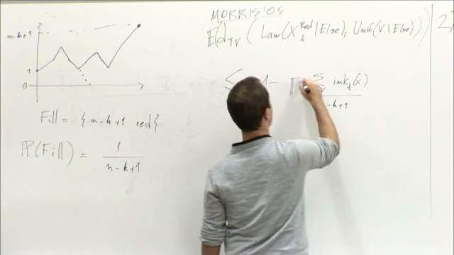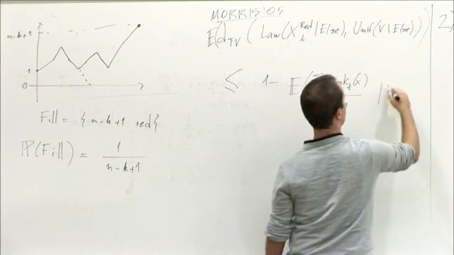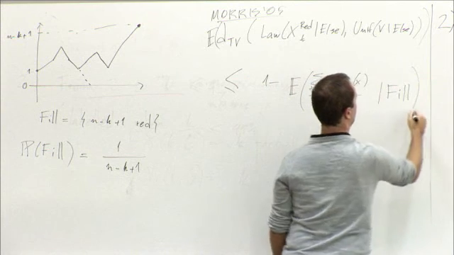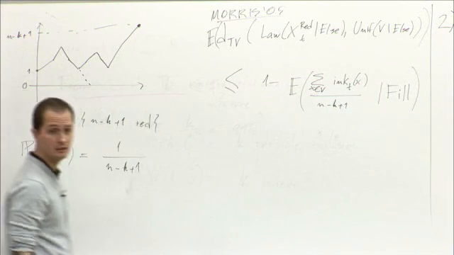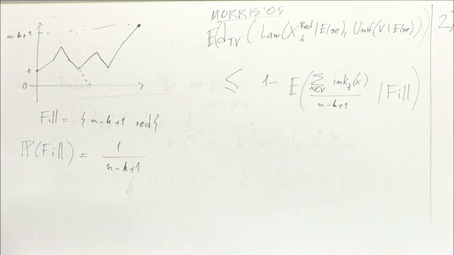You have to take an expectation, and you have to condition on this event that it fills up the whole thing. So I'm not saying this is obvious. I'm just throwing lots of things at you right now. But that's the main step in this chameleon process argument.